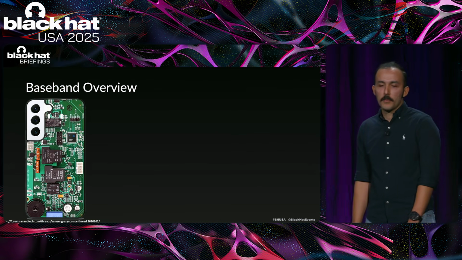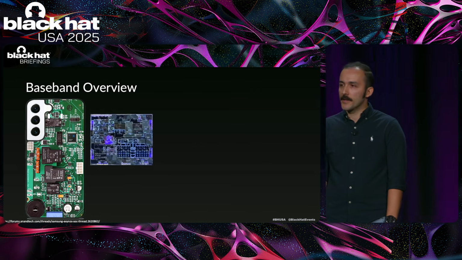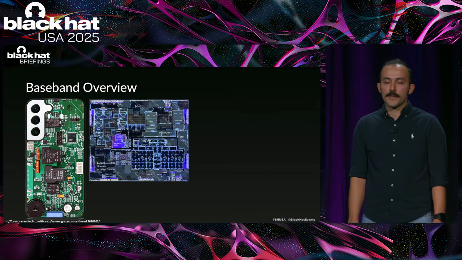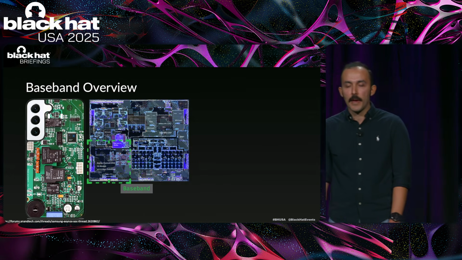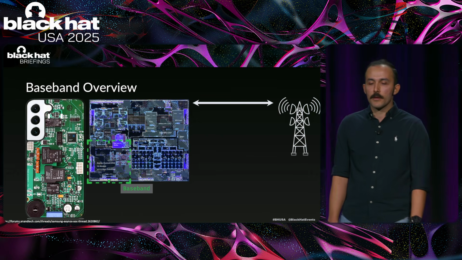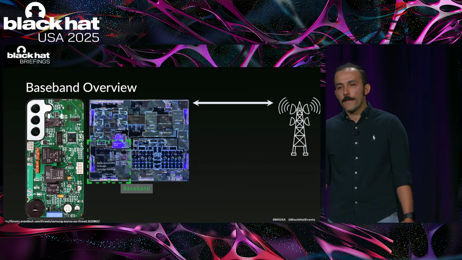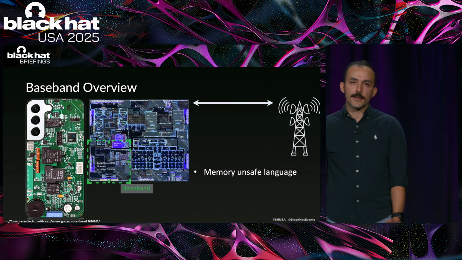Thanks, Tianchang. But what exactly are basebands? On top of your typical application processor running on your phone, there are separate dedicated processors running a real-time operating system. In fact, right now, there is a baseband in each of your pockets talking directly with cell towers. The baseband firmware is usually developed with memory-unsafe languages, mostly C or C++.